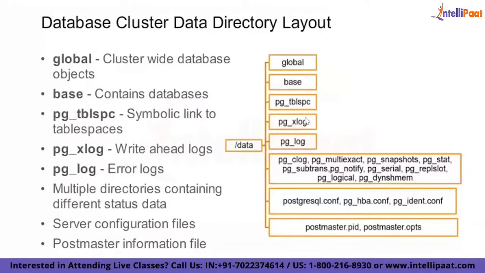I think in the newer versions, maybe 13 or 14, they changed pg_xlog to pg_wal, but the content is the same, so you will see the WAL segments in that directory.